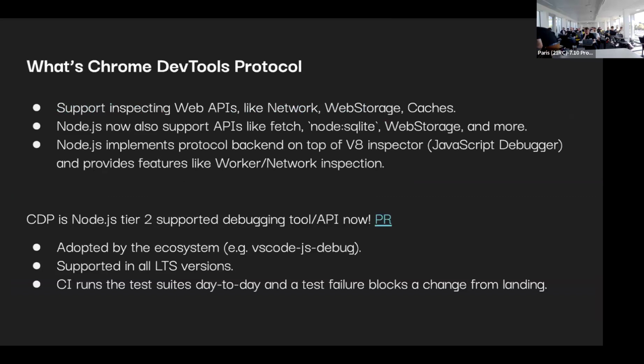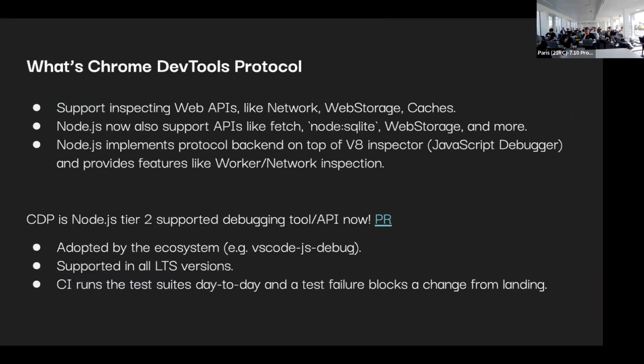This protocol is not only about debugging JavaScript specifically, like setting a breakpoint or stepping into a function. It also supports web API inspection, like we have been using in a Chrome web page.